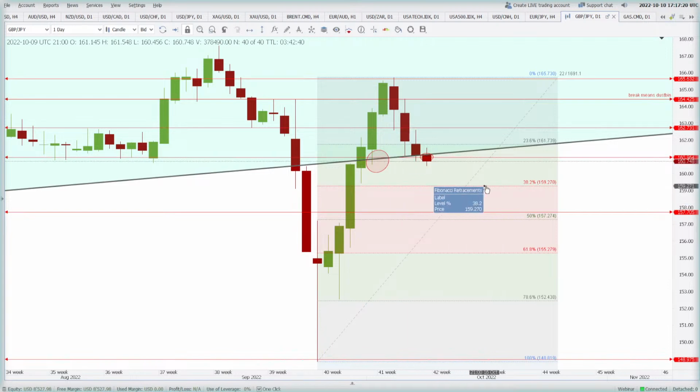After that, I think 159.27 may be a good area of interest for the buyers if they are really buyers here in this market, and if there are buyers, they may be interested in the 157.70 and 157.27 area here. So be cautious here. I think this is a must buy for the buyers if they're really here in this market.